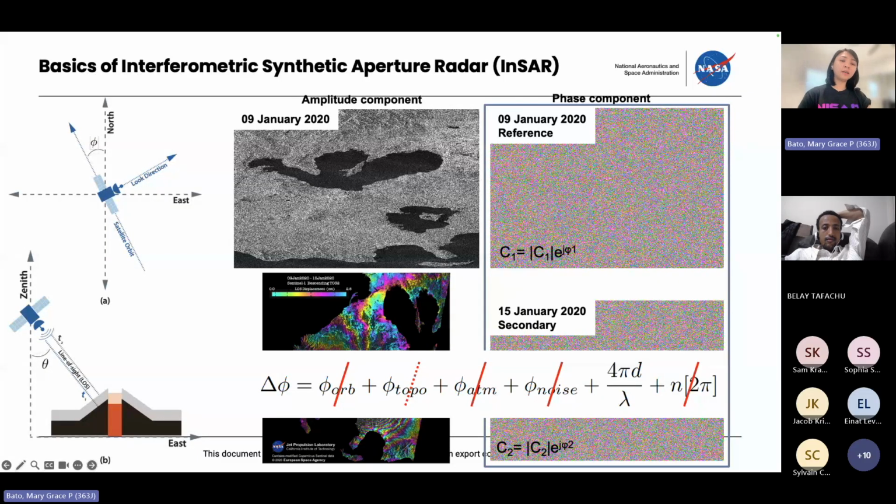But the key thing is that you have to have the separation. This is a repeat pass system. Basically, you have an AOI, a volcano, and then the satellite comes back to it every once in a while and takes an acquisition at roughly the exact location. But in terms of deformation, if the focus is deformation, we want a small separation between those satellites, because we want to obtain a really precise measurement of how much the ground moved.